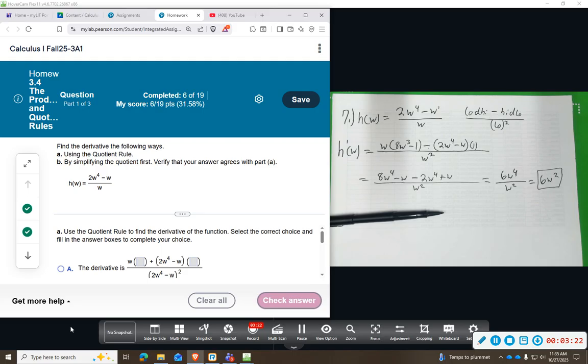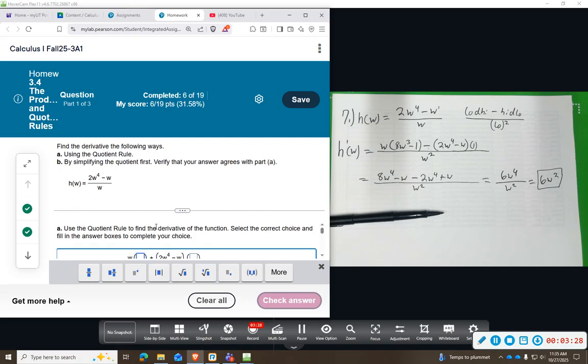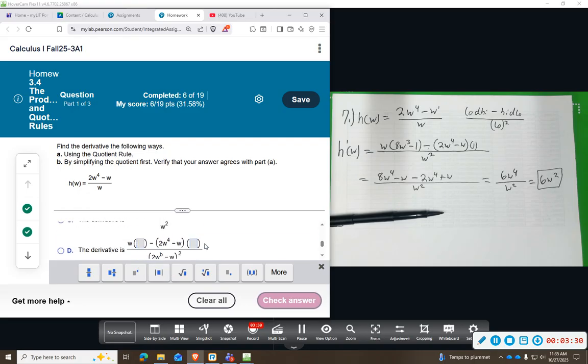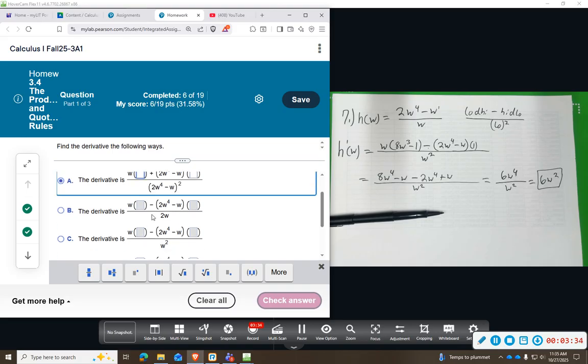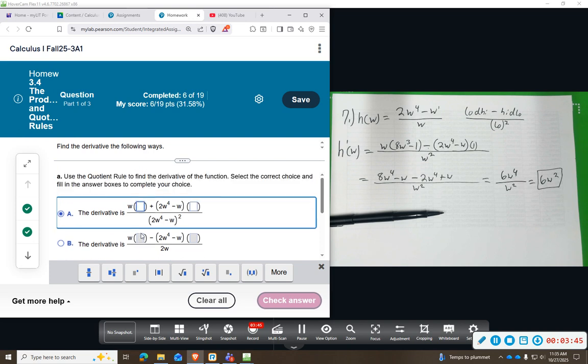So the first part, we're going to fill in the pieces of the chain rule. So this is low. Oh, I got several options. Let me make sure I'm looking at the right one. Low d high, d low. That's 2w, so that's not right. C looks good.